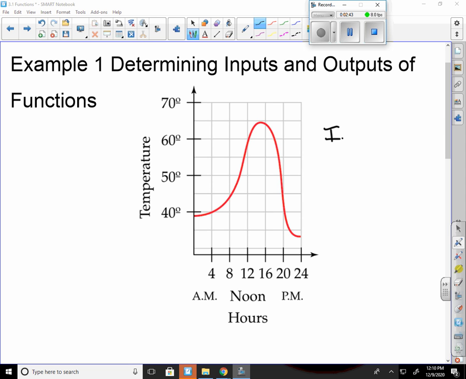So if we want to describe the input here, which is the domain, that is the hours. So our input is the hours of the day or the time of the day. Our output is the temperature.